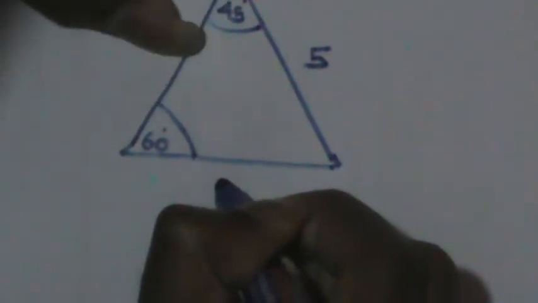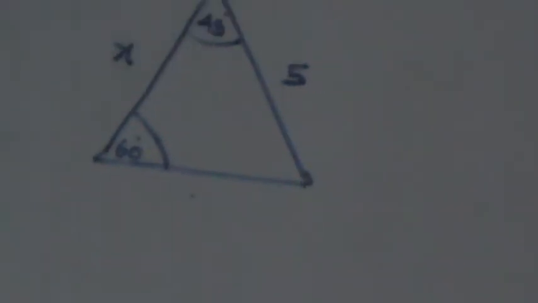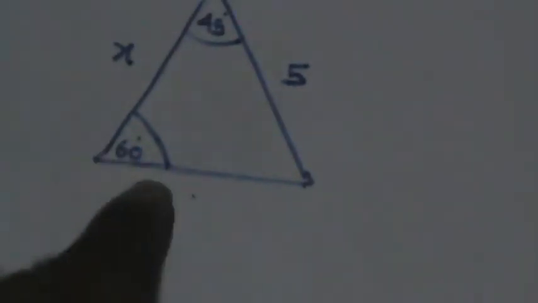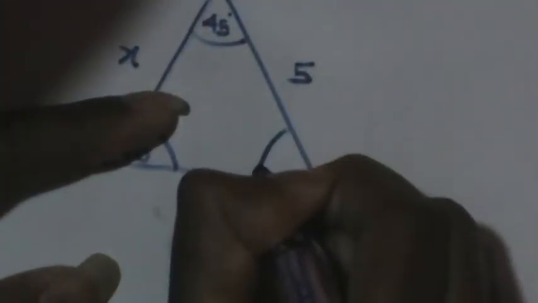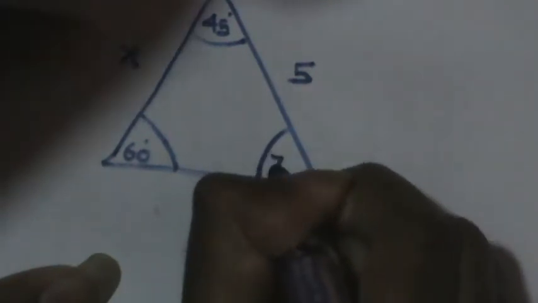What's the length of this side, x? You know that the sum of the internal angles of a triangle adds up to 180. So this is 60 and this is 45, so that is 105. So this angle should be equal to 180 minus 105, which is 75.